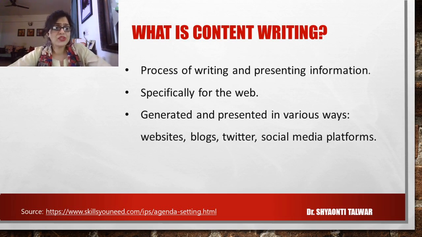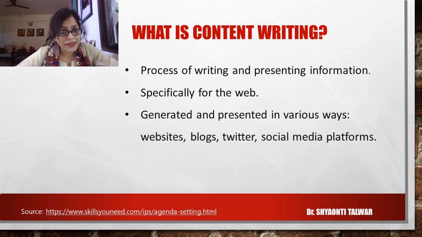And this information, this writing, this content can be presented in various ways. We have social media platforms like Twitter, Facebook, Instagram, right? Then there are blogs, then we have websites, and then you have digital media platforms where now most newspapers have taken to the digital medium, right?